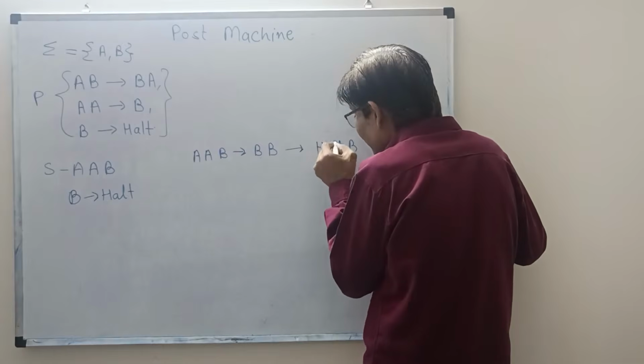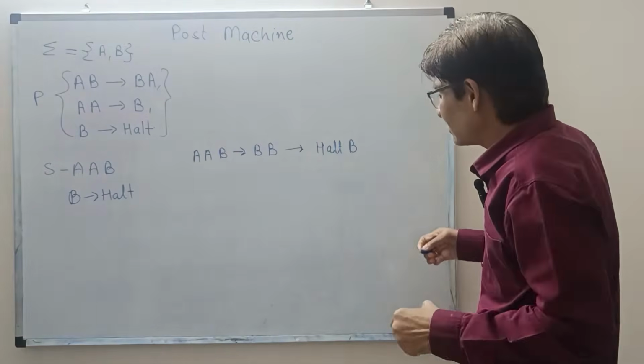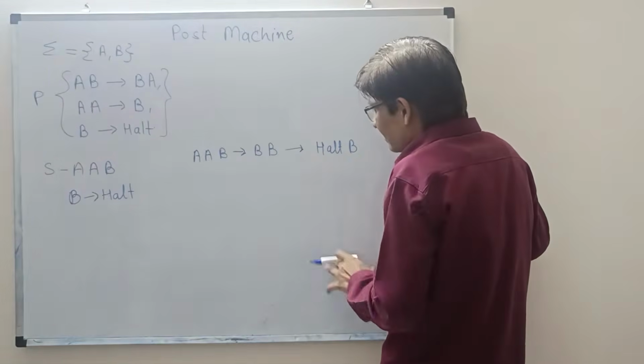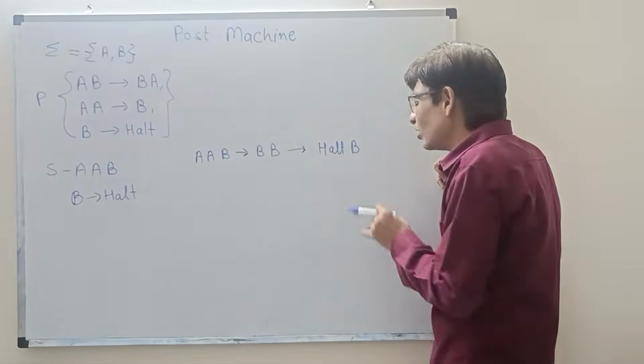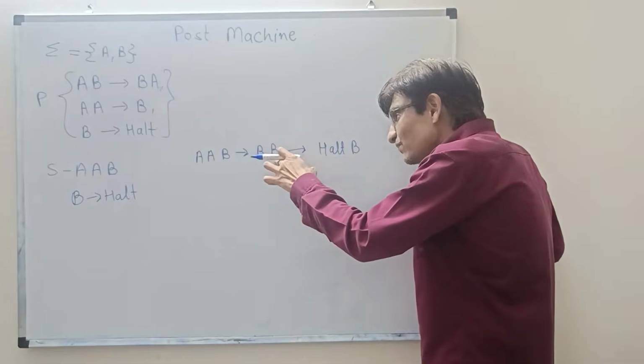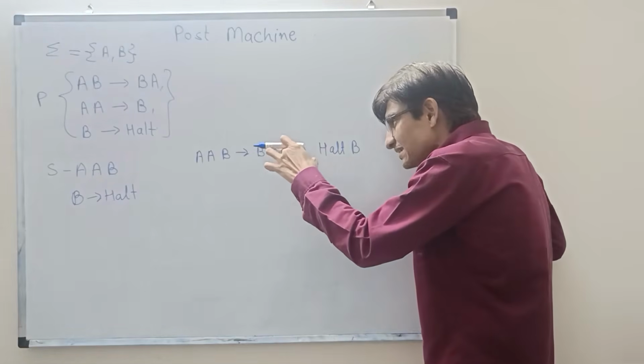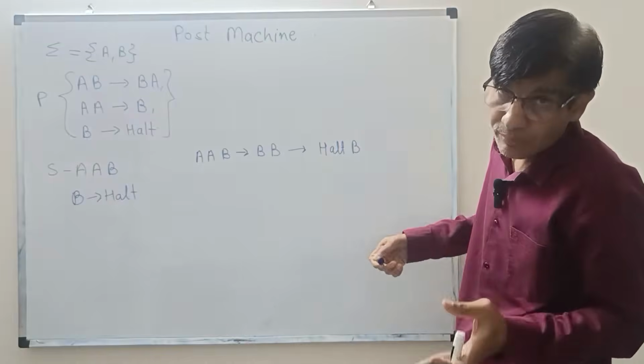Actually, I'm not replacing it, but at this point the machine will halt, and the second occurrence of B will be unprocessed.